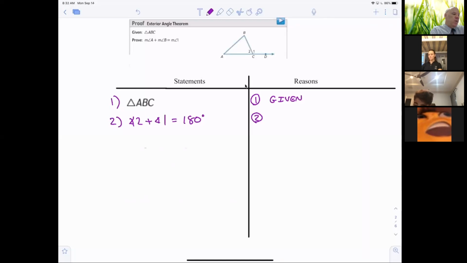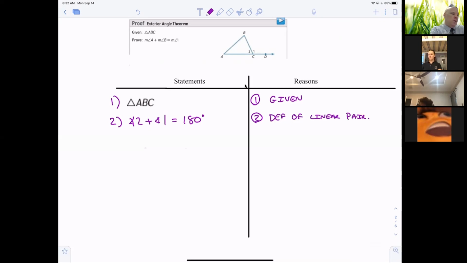Angle 2 plus angle 1 equals 180 degrees. They're what? We're just going to say definition of linear pair. Really, the definition of linear pair just says the two angles are what? Supplementary. And then you're supposed to say, because they're supplementary, they what? They equal 180. So we're going to kind of skip that step. Once you say they're a linear pair, they're automatically supplementary. Is everybody okay with that?